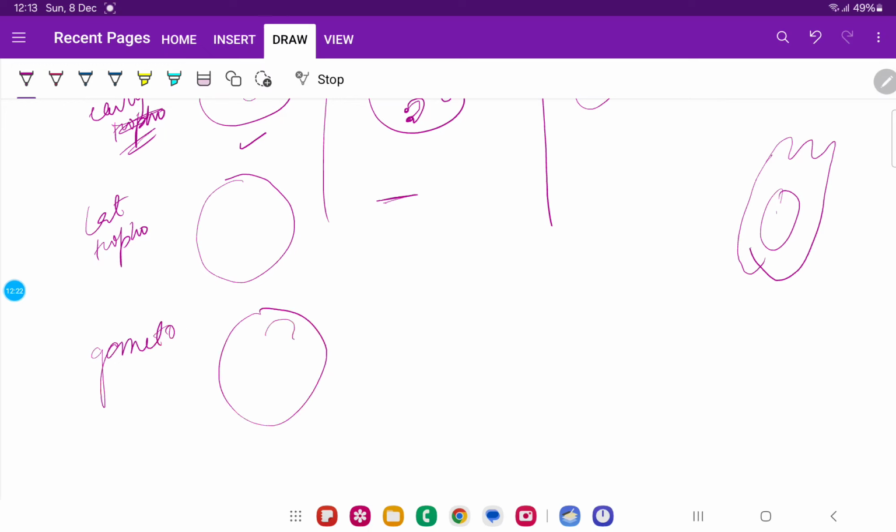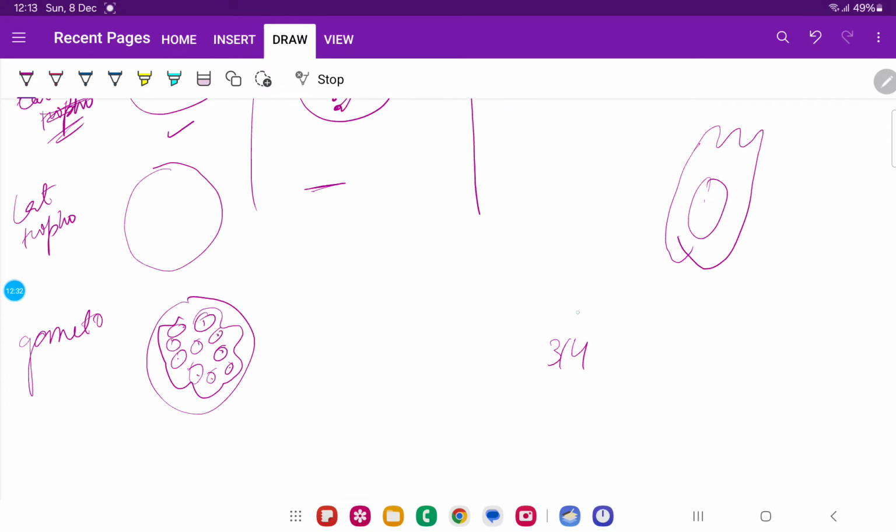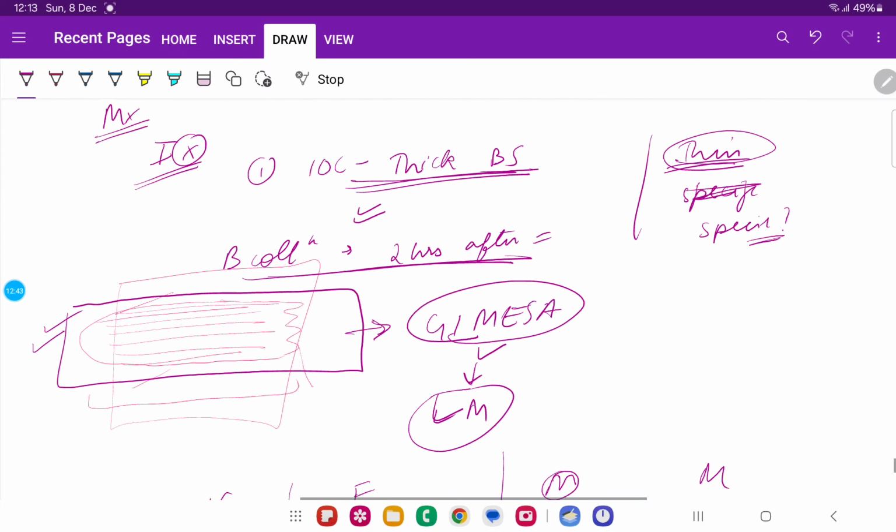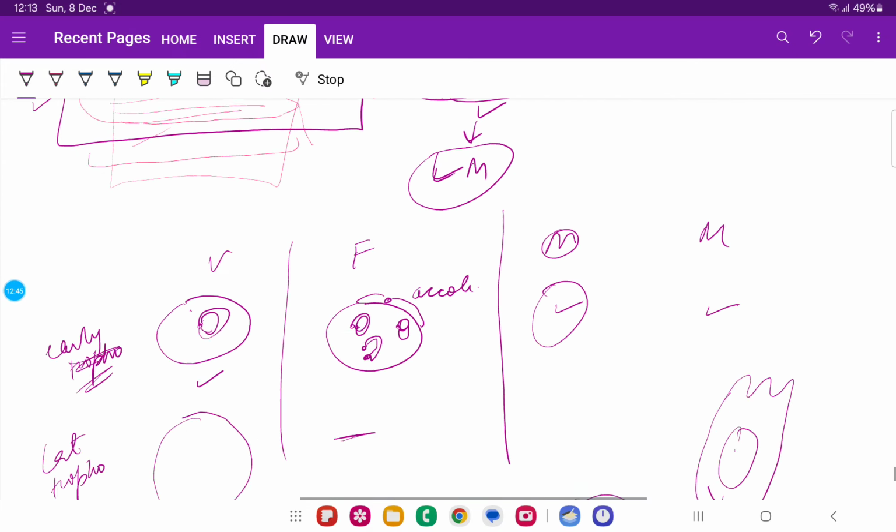Here we see multiple, almost covers it. Here only 3/4 of the RBC is covered with it. Here a fimbriated RBC will be there, with 3/4 of the RBC covered by the gametocyte. So this is blood staining.